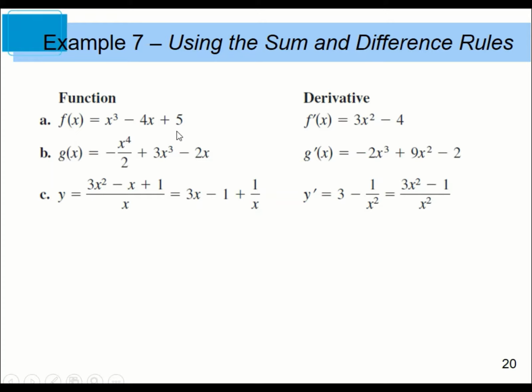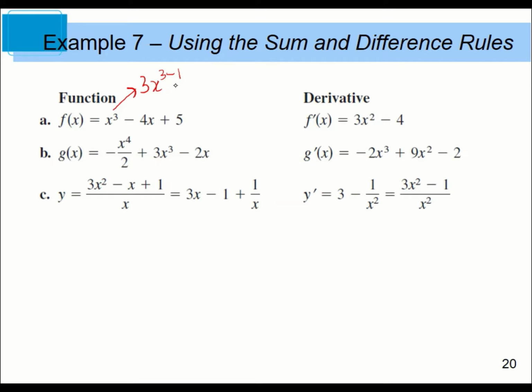So when we differentiate, we are going to differentiate this one by one. First, we differentiate x to the power of 3. We bring the 3 down, copy the x, then the power is reduced by 1. So we have 3x squared.